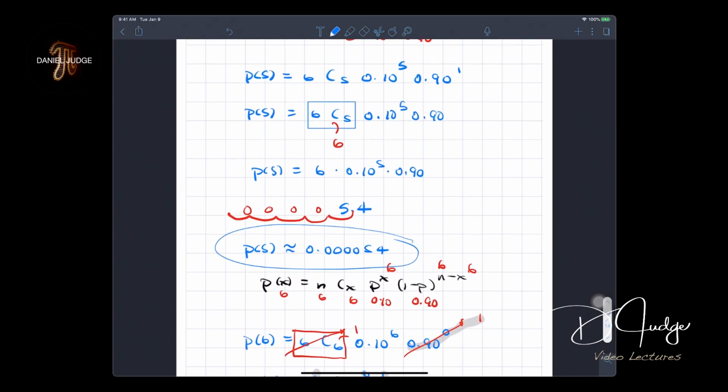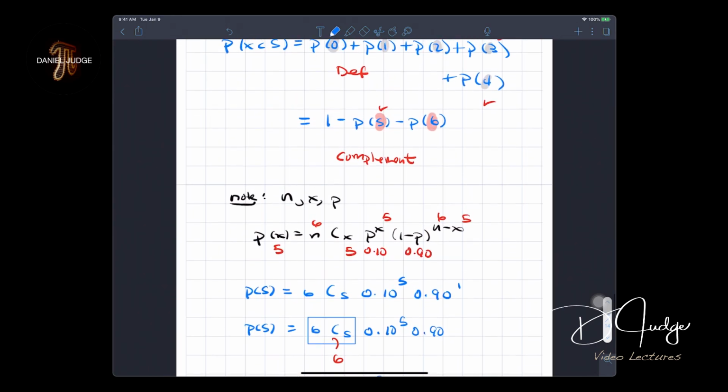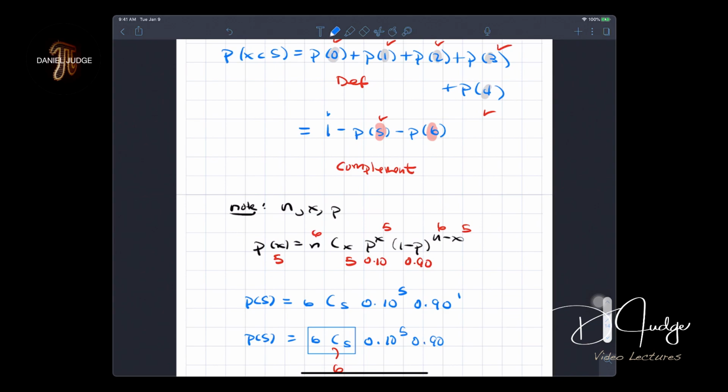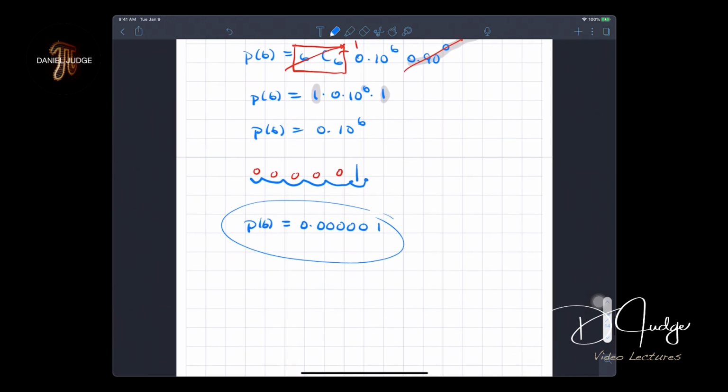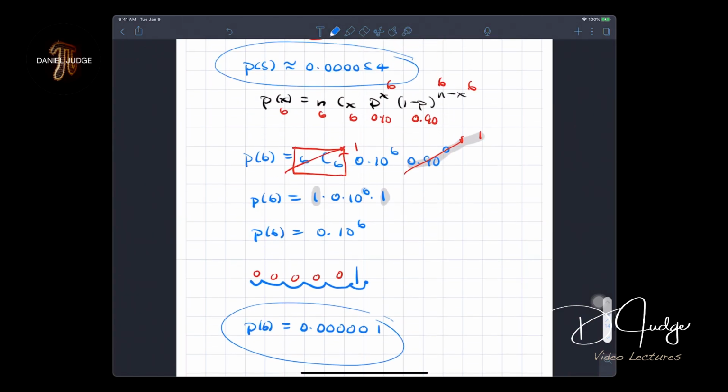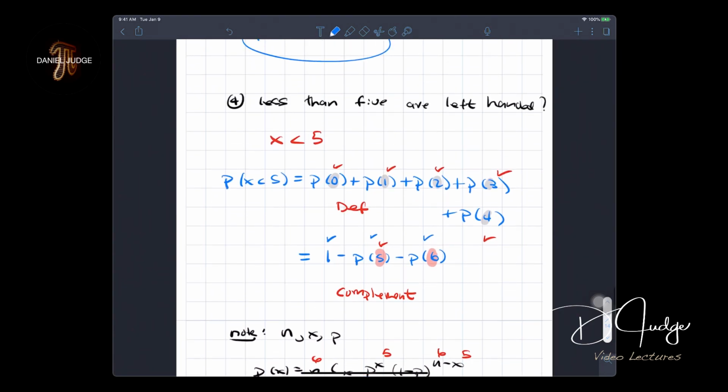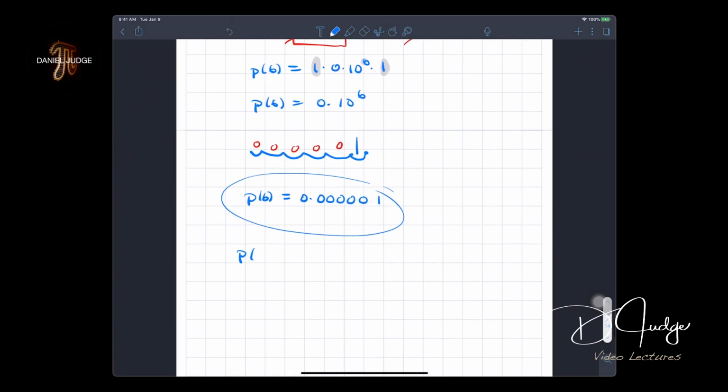Now you say, what's the answer? Well, go all the way back to the question. We need to take 1 and subtract those two probabilities. I believe the question was less than 5, but we didn't use the definition.